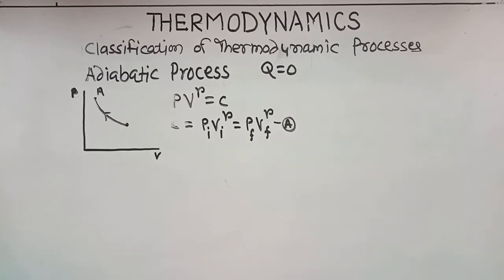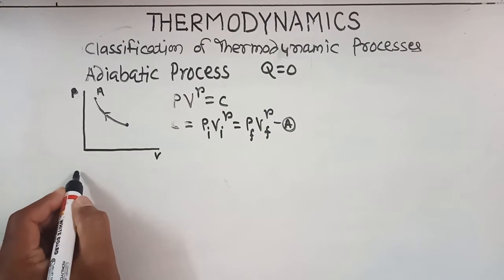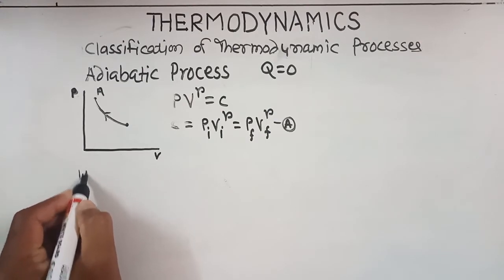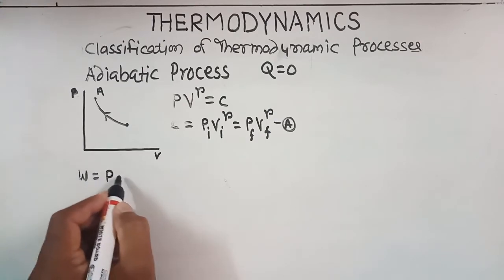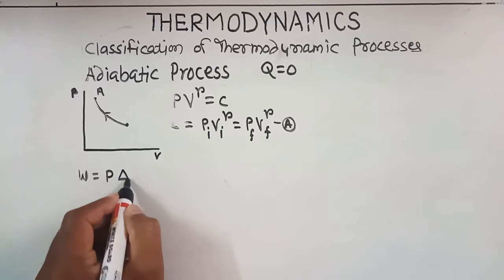Now let us see the work done in these adiabatic processes. The work done, dW, is equal to P into dV.